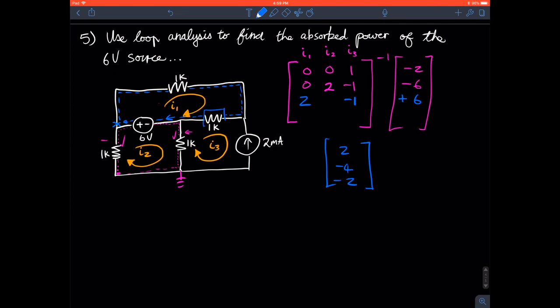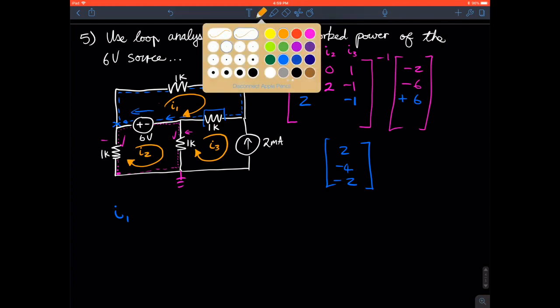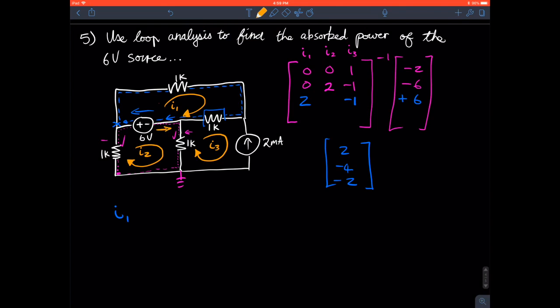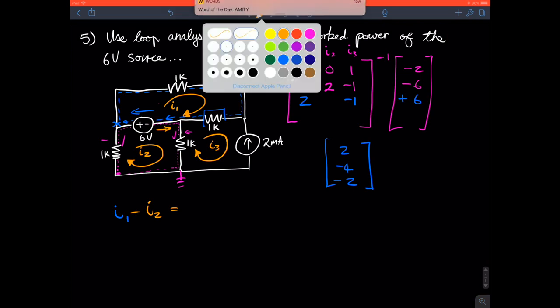Now it's asking how much power was absorbed or supplied by the 6-volt source. We know the current going in and out of the 6-volt source is going to be I1, because I1 is going in this direction, minus the I2 going in this direction. So I1 minus I2 is the current coming out of the 6-volt source.